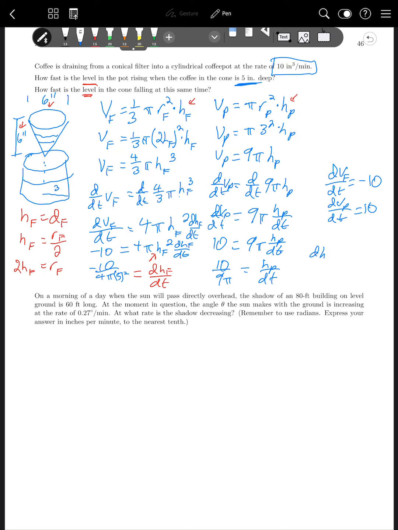So the rate at which the height of the filter is changing is -10 divided by 4 pi times 25, which is -0.031 inches per minute.